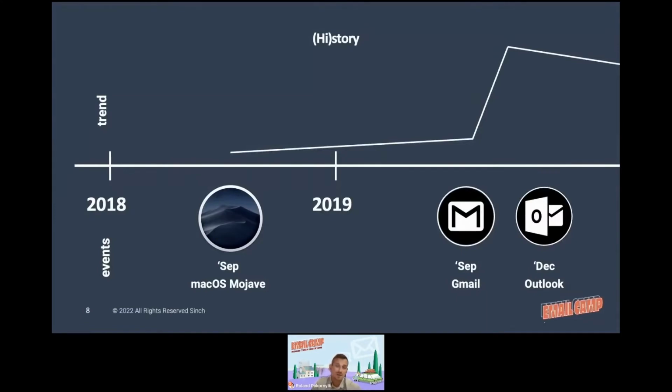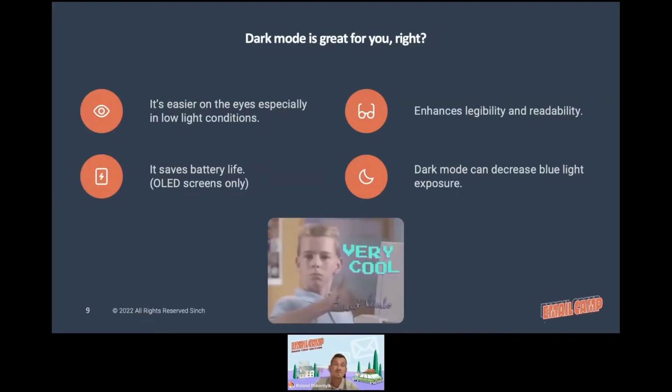The trend peaked in October 2019 when Gmail started supporting dark mode, and a few months later, Outlook came, and the lives of email designers, marketers, and also developers have been turned upside down ever since. What made dark mode so popular? Simply, it had very positive PR, and it became very cool among early adopters and geeks.